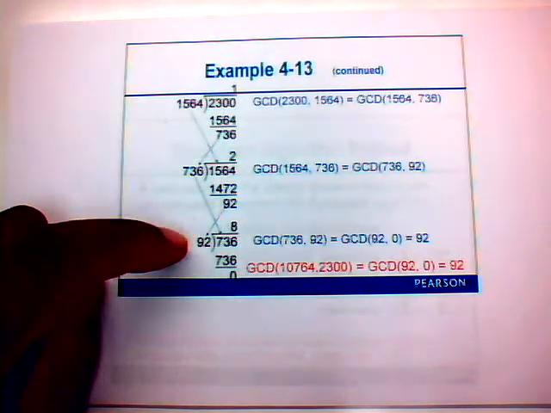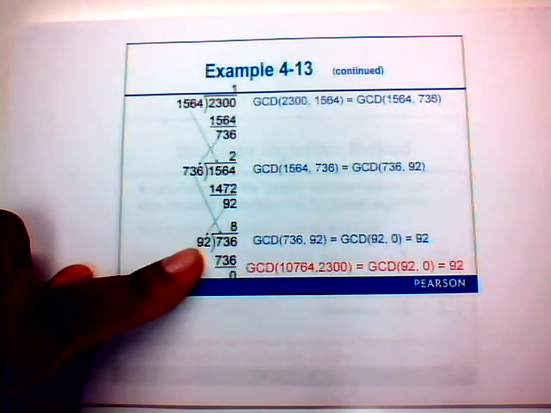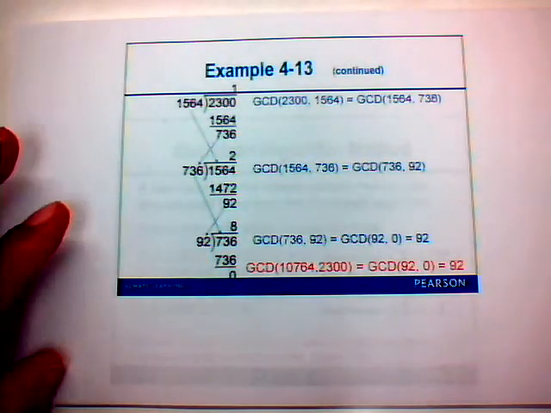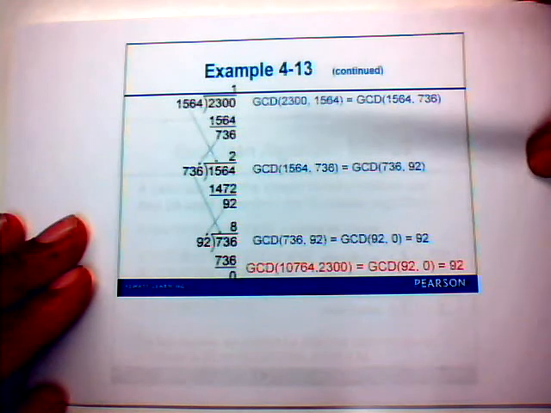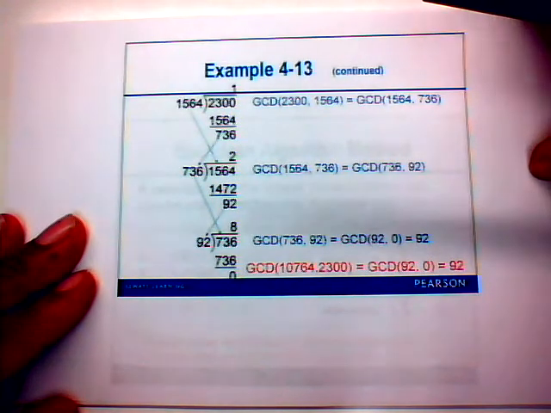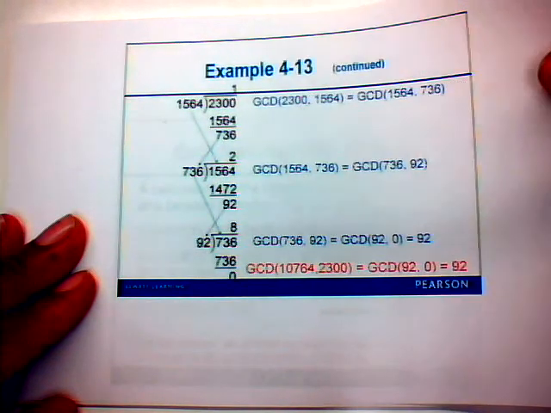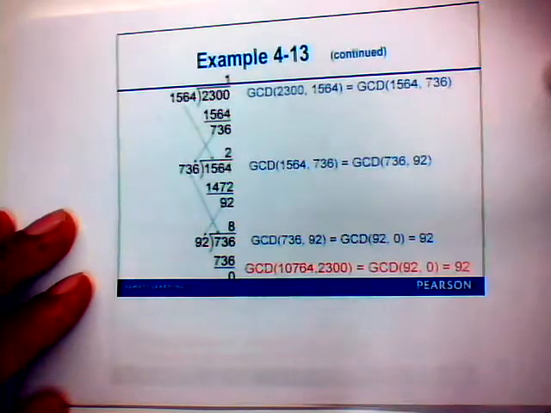Okay, so here the last divisor, which was 92, that's going to be the greatest common divisor of 10,764 and 2,300, which is in this case 92. So this is how we use the Euclidean algorithm to find the GCD of a pair of numbers.